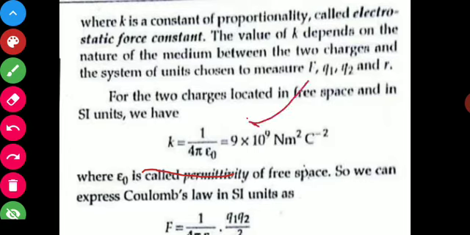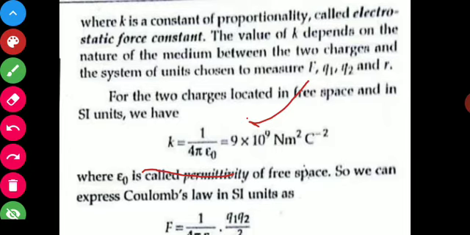Now if they are placed in water or any other medium, then the value of k will change accordingly. It will be different for water, and different for oil or any other medium. So the value of k mainly depends upon the medium between the two charges.